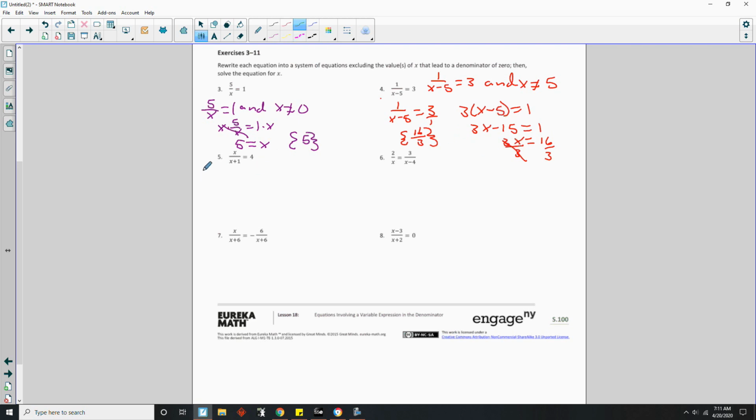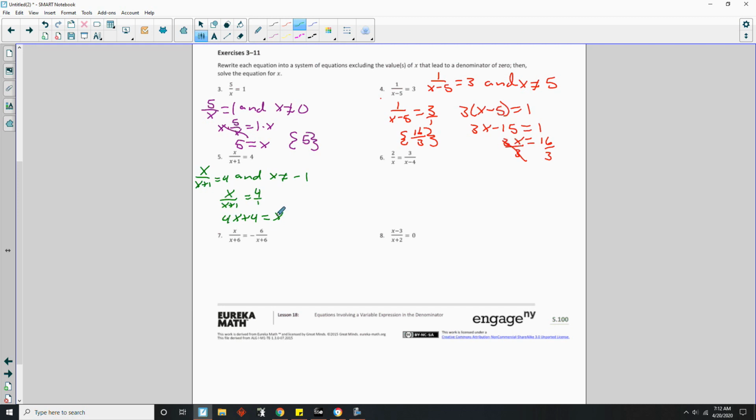Number 5. My compound would be x over x plus 1 equals 4, and x cannot equal negative 1. Solving by cross multiplying. Think of that as 4 over 1. Cross multiply, 1 times x is x, 4 times x plus 1 is 4x plus 4 equals x.